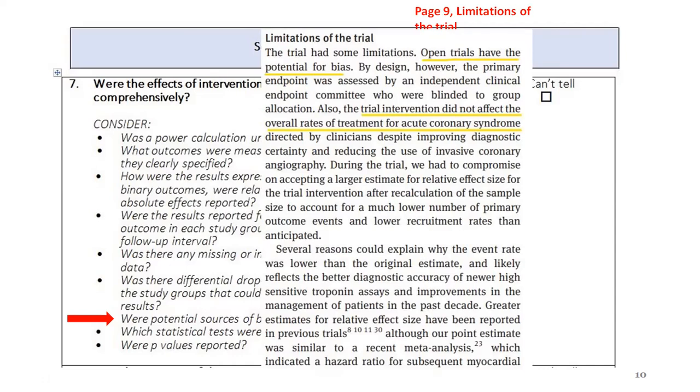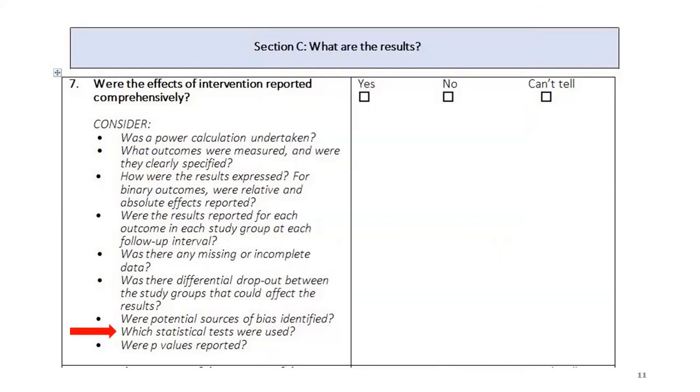However, the primary endpoint was assessed by an independent clinician endpoint committee who were blinded to group allocation. But the trial intervention did not affect the overall rate of treatment for ACS. So the answer is yes for this one.